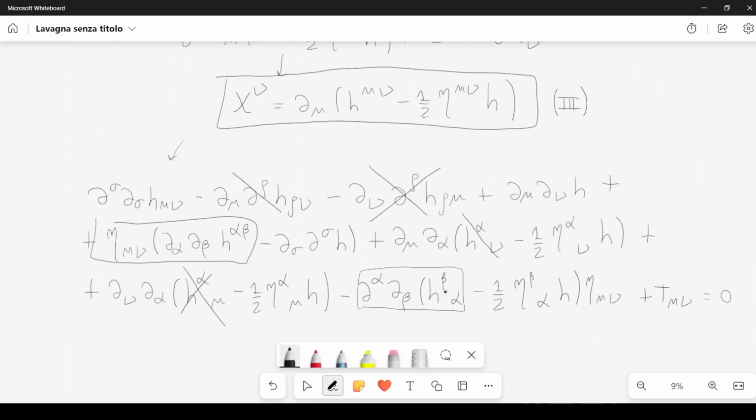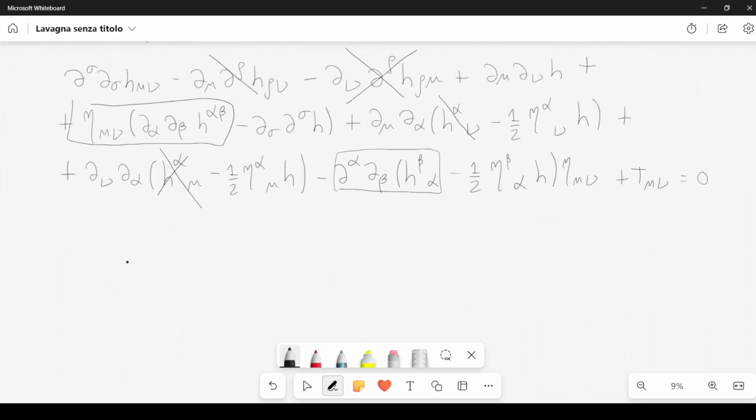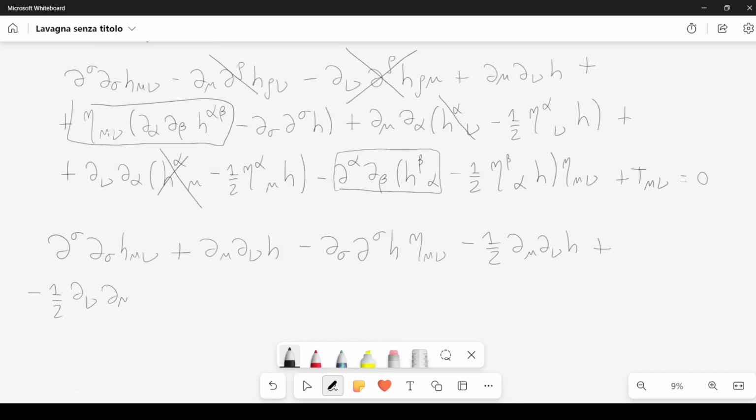We can rewrite everything in the following fashion: d sigma d sigma h mu nu plus d mu d nu h minus d sigma d sigma h times eta mu nu minus 1/2 d mu d nu h minus 1/2 d nu d mu h plus 1/2 d alpha d alpha h times eta mu nu plus t mu nu equal to 0.